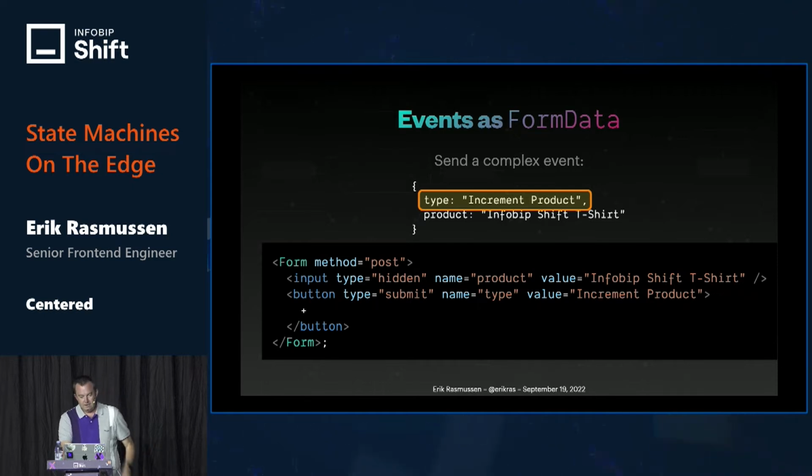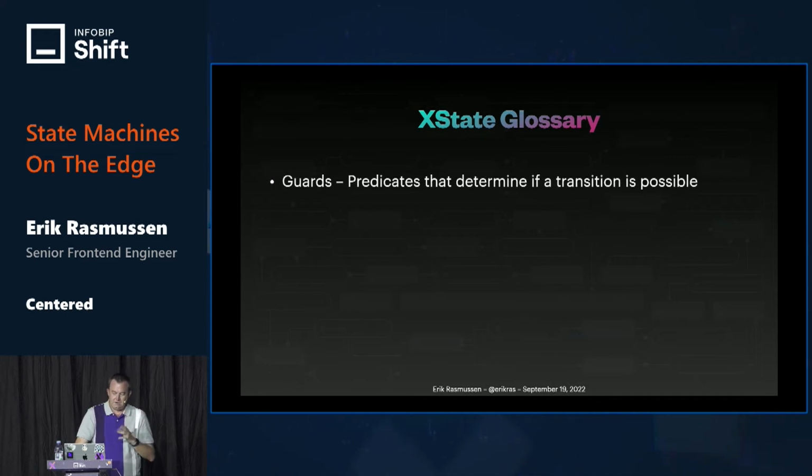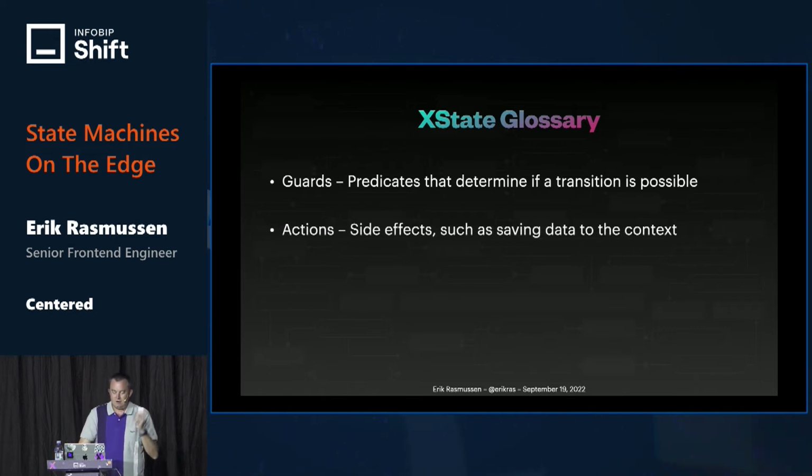So a little bit of terminology around XState. XState has guards, which are predicates that determine if a transition is possible. If you're in the state and you get this event, check this predicate to see if you can make that transition or not. Actions are side effects, something that causes something else to happen in the system. And the most common action is to save data into the context.